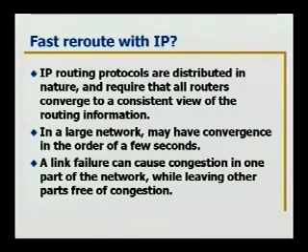So it requires that all the routers in the network converge to a consistent view of the routing information before they can ensure me that there will be no black holing of traffic and no looping of traffic. So in a large network, there may be convergence time on the order of a few seconds.